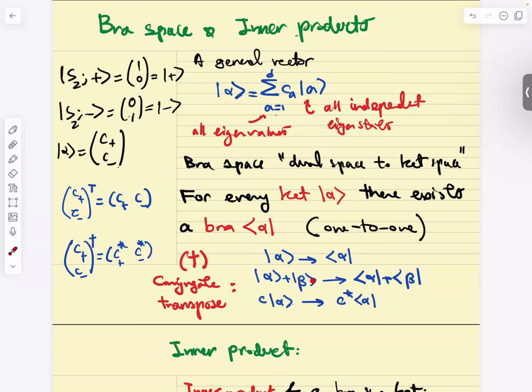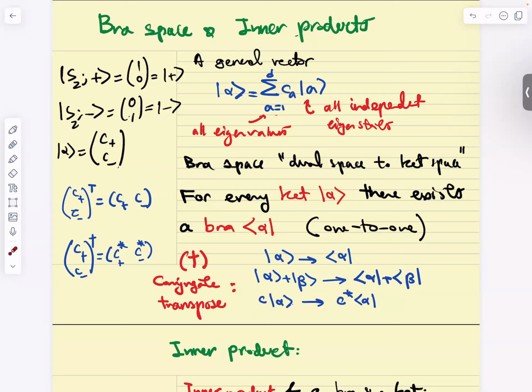It preserves addition: if you add two vectors, the maps are also added. But if a complex number c multiplies alpha, under conjugation it sends alpha to the bra with c star.